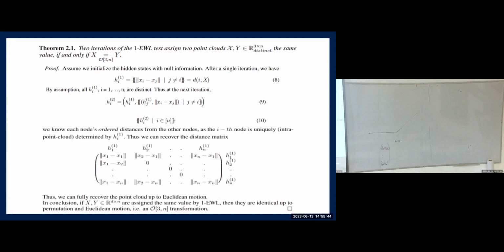Therefore, we can recover the complete distance matrix of the point cloud after only 2 iterations of one EWL. And like we said earlier, this distance matrix is a complete descriptor of the point cloud up to permutations, and yes.